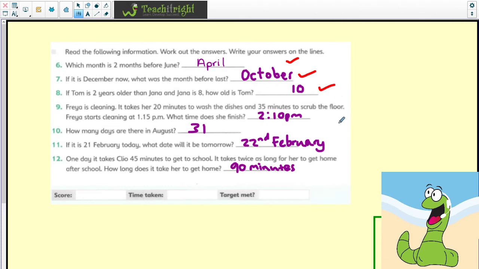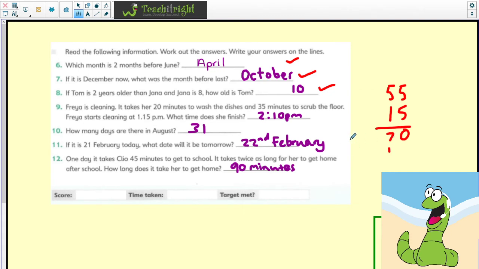Freya is cleaning. It takes her 20 minutes to wash the dishes, 35 minutes to scrub the floor. Freya starts cleaning at 1:15 p.m. What time does she finish? Well, if we add those together, we get 55 minutes. And if you add 15 to 55, we end up getting 70 minutes.